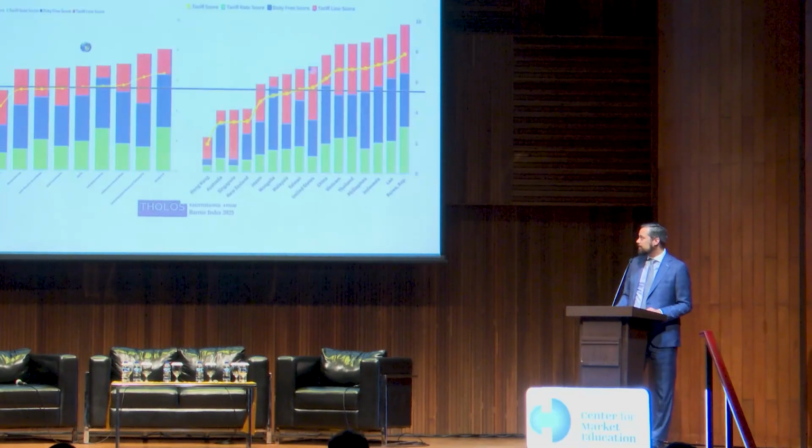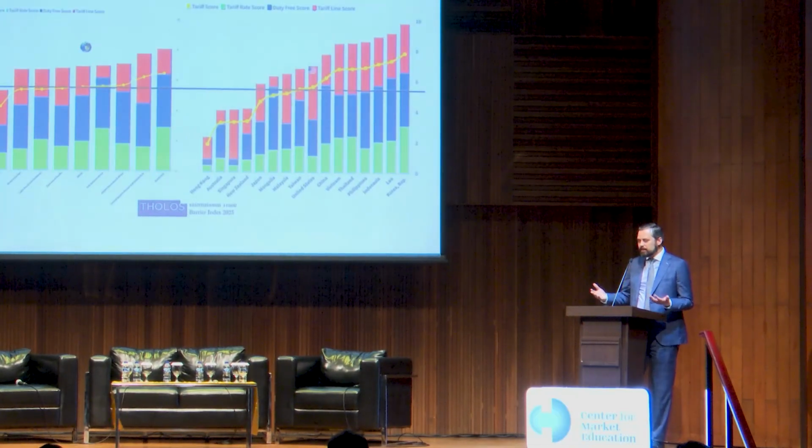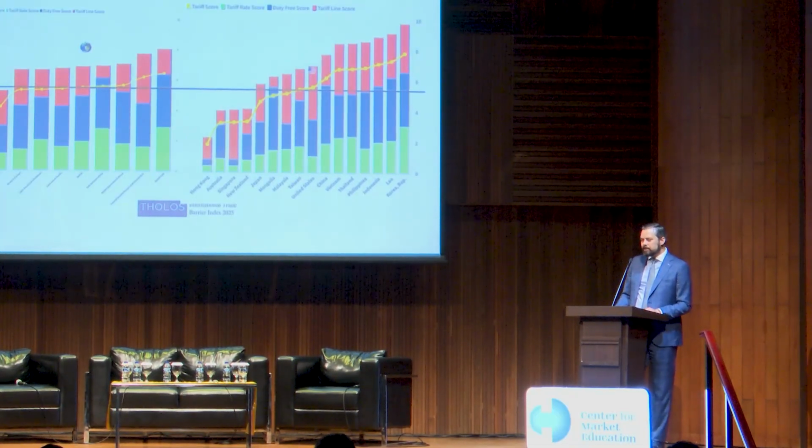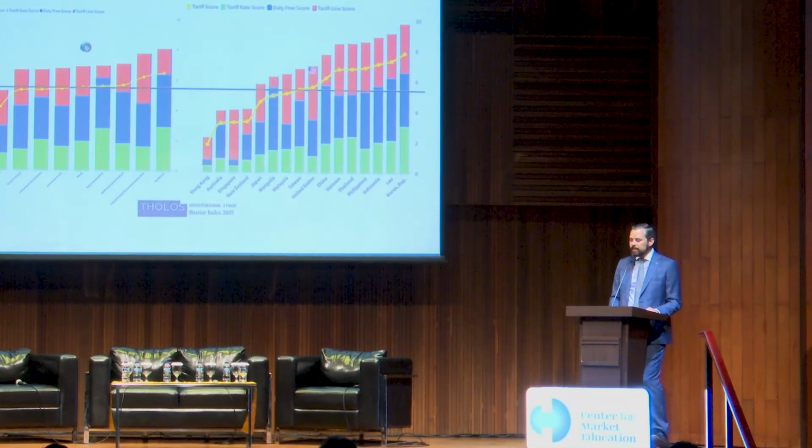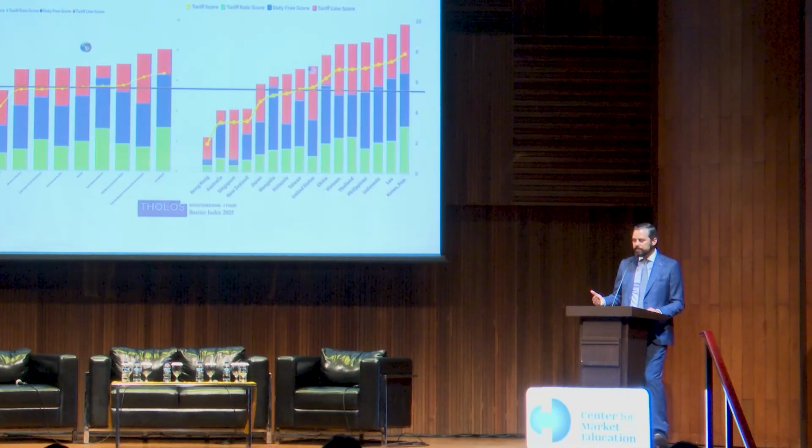Next slide. So on the tariff section, like I said, we look at the average tariff rate, how many lines are duty-free, and the total number of tariff lines. Indonesia has much higher tariff rates than the world average.